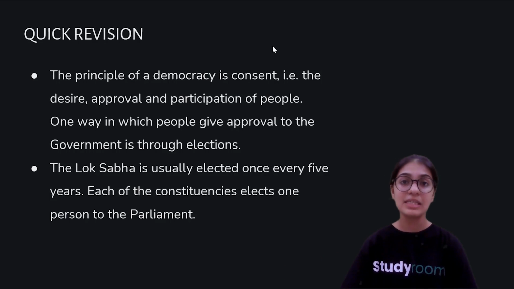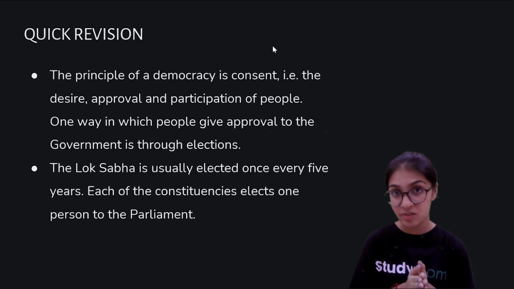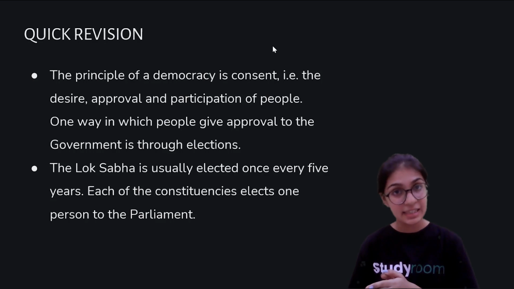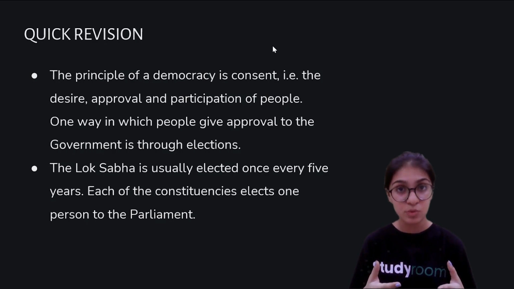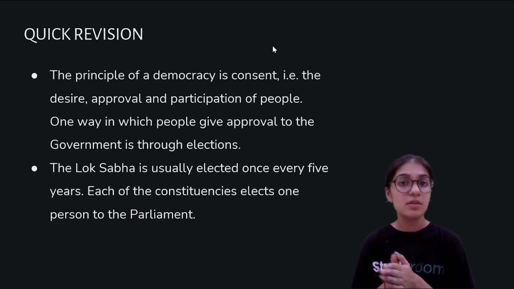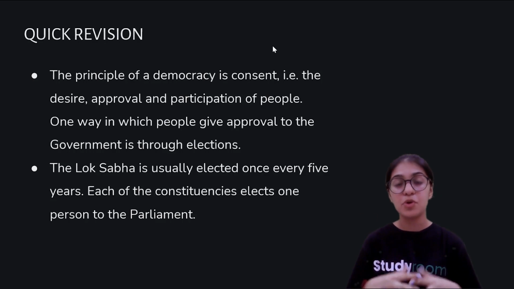So there we can see that 55% of people voted and showed their approval in favor of the government by voting for their candidate, and the remaining 45% basically showed disapproval, that they do not want to participate in the decision making process or the voting process. There could be different methods other than voting to show approval or disapproval.